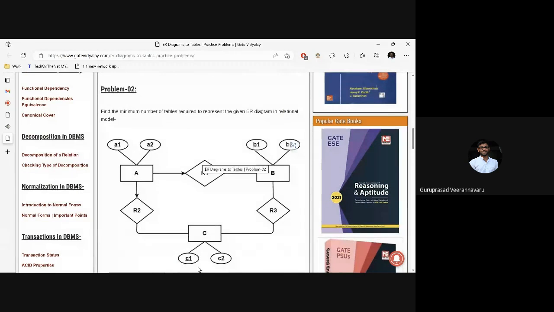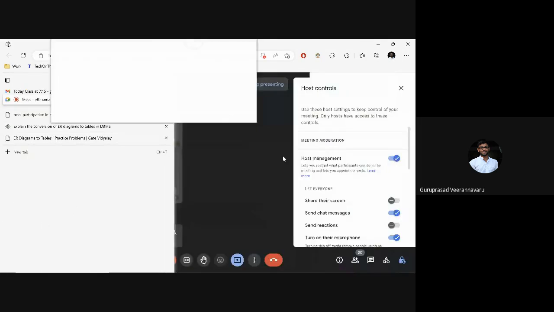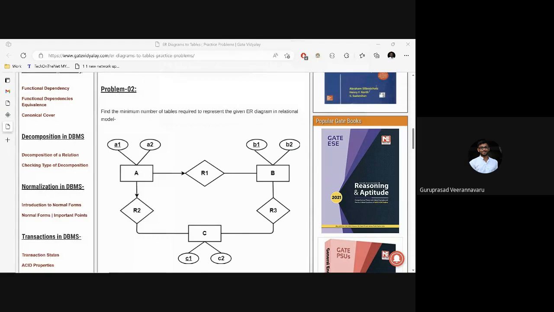So how will we design this? Find the minimum number of tables required to represent the given ER diagram. Let me take it on the screen. So A will be a table, B will be a table, C will be a table. Agreed?